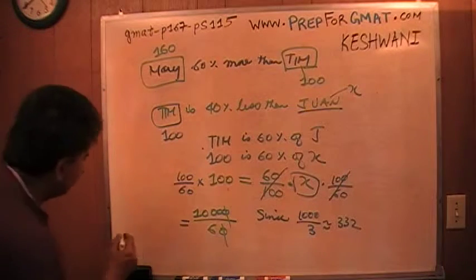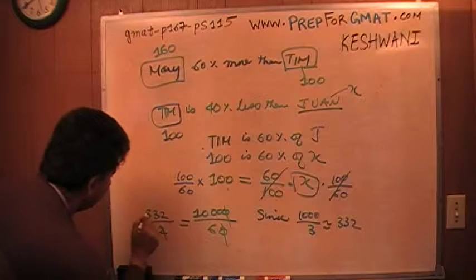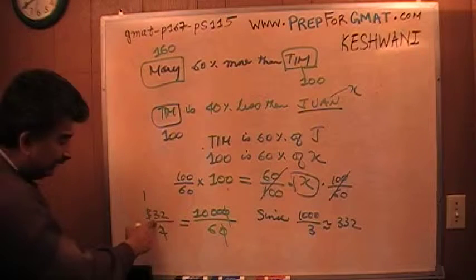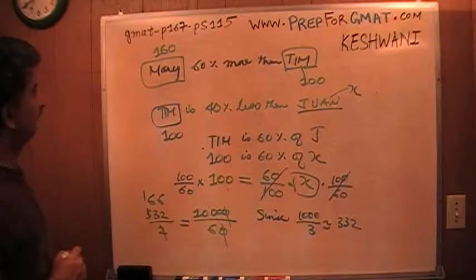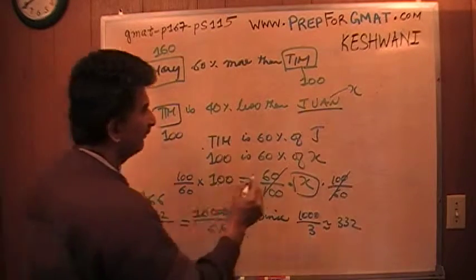Half of 332: 3 goes into 2 once, you have 1 carry 1, this becomes 13, 13 goes into 2 six times, carry 1, so it's 166. Mary is 160. Juan is 166.